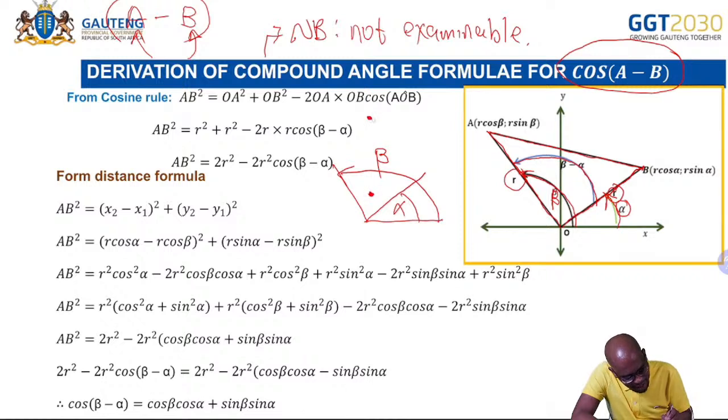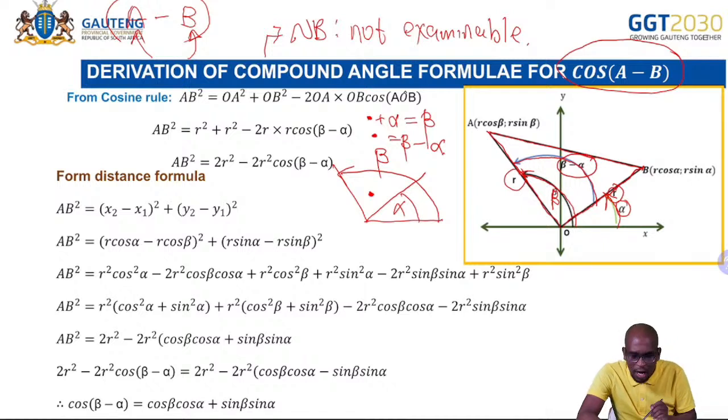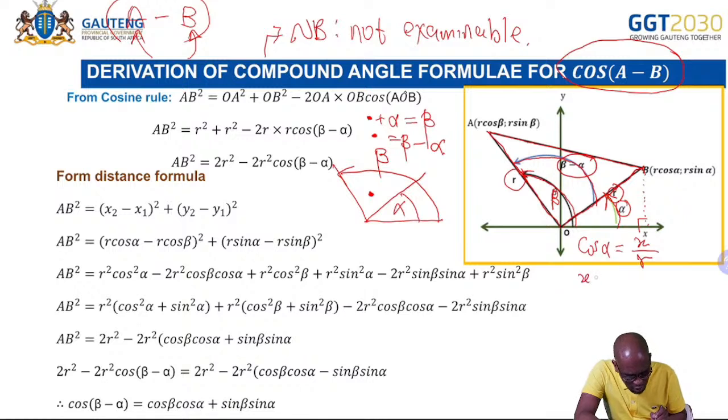That angle plus alpha gives you beta, which means that particular angle will then be given by beta minus alpha, and hence the beta minus alpha that you have there. And then from there, we are going to use our knowledge of trigonometry to actually work out the cosine of alpha. If we work out the cosine of alpha, it would be the adjacent side x over the hypotenuse, which is r, which means that x would be given by r cosine of alpha.